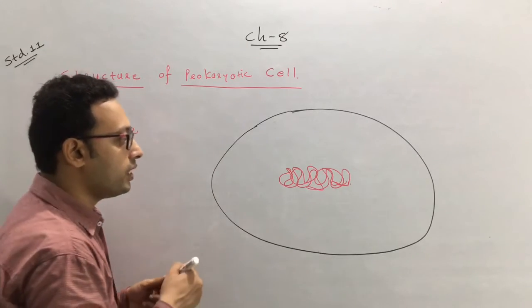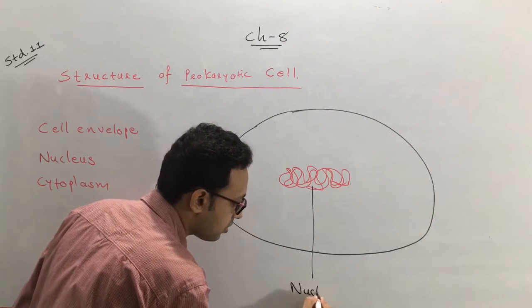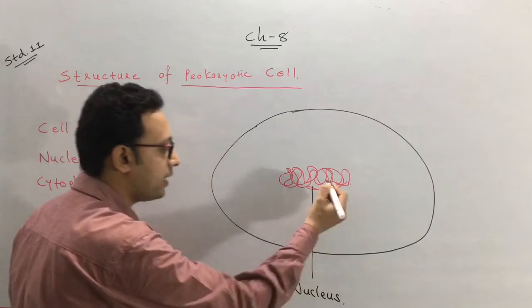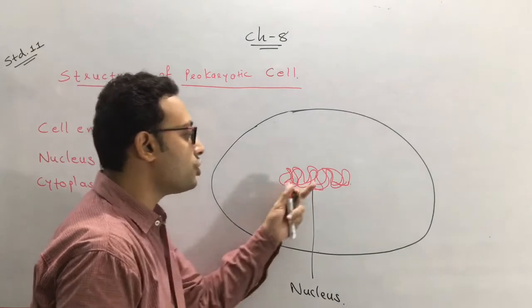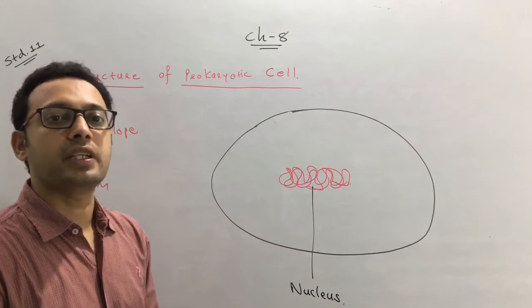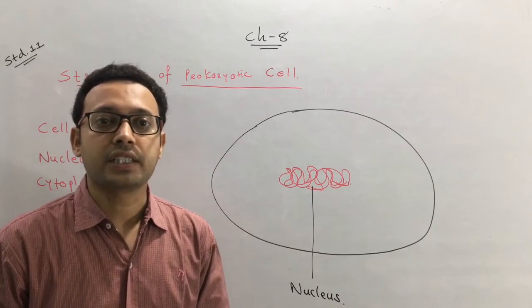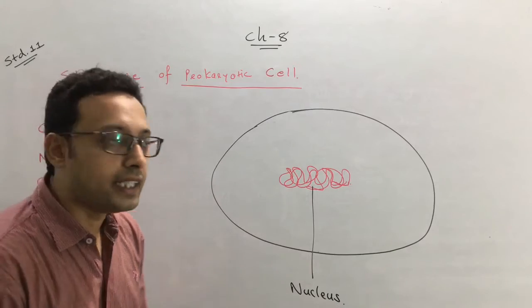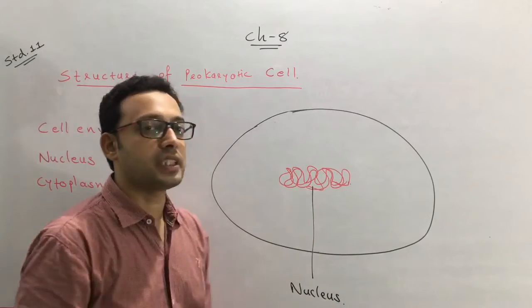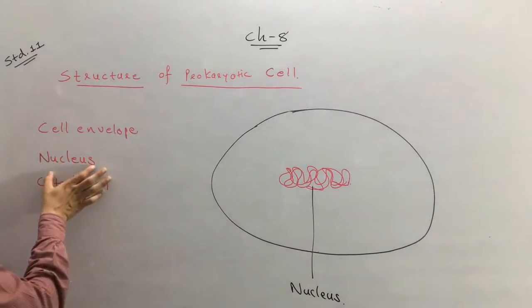This component is called the nucleus. And what does this nucleus contain? The nucleus contains genomic DNA. This genomic DNA is responsible for the genotypic characteristics of a bacterium. Okay, so that is about the nucleus.